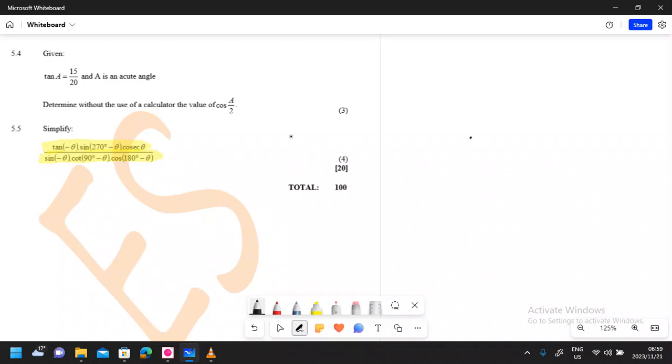Okay, now guys, let's do it. So let me just write here 5.5. Let's rewrite it on our screen.